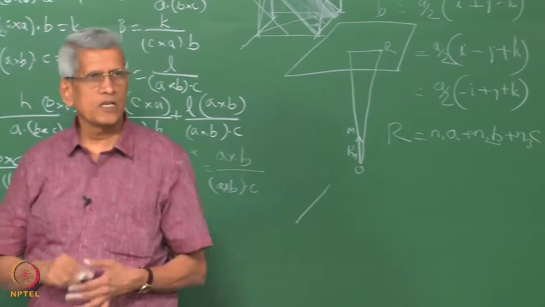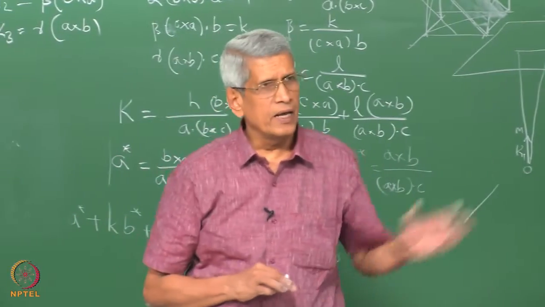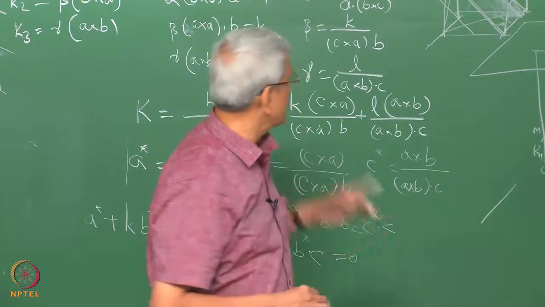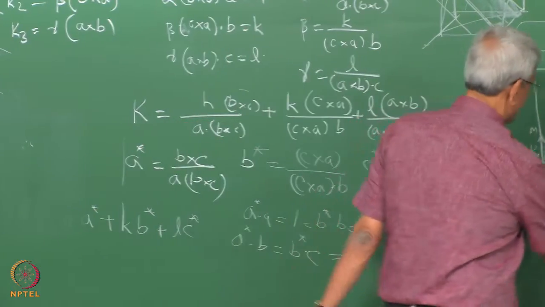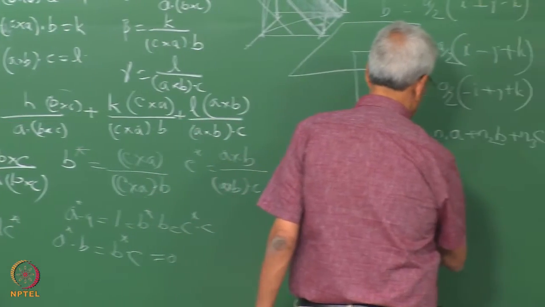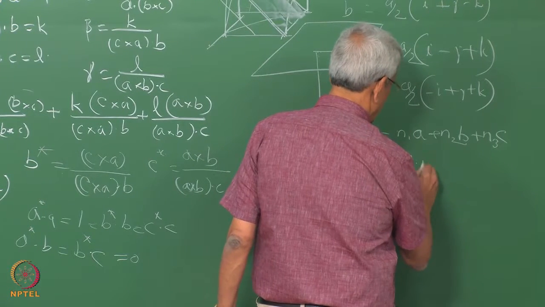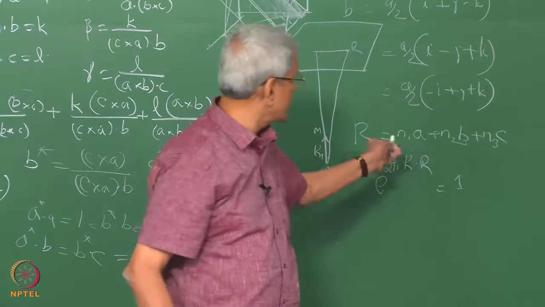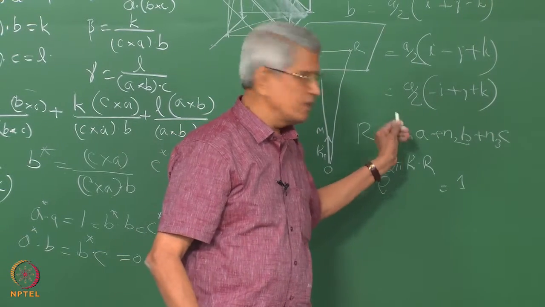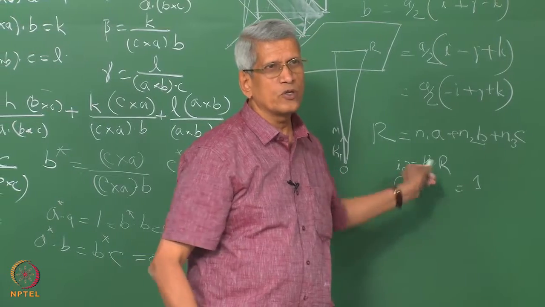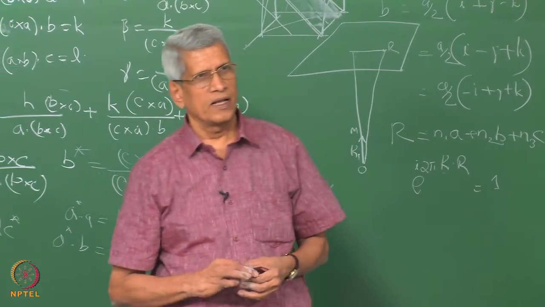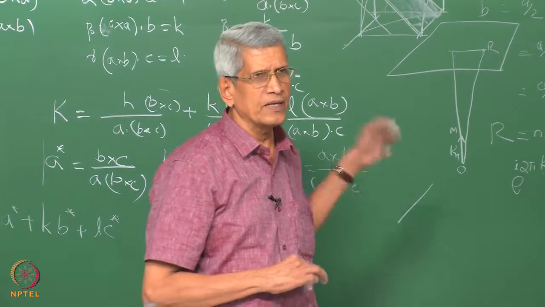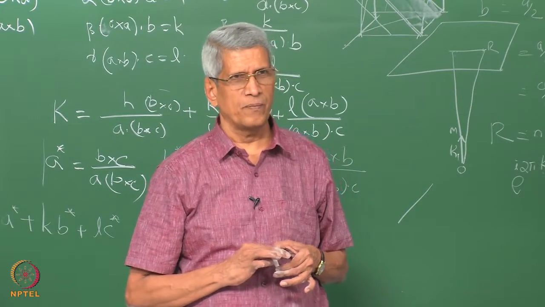The other form in which it can be represented is as a periodic function, in the form of exponential of i k dot r equal to 1, where r represents the real lattice vector. Then we try to find out what the values of k should be. What is the relationship between the real lattice vector and the reciprocal lattice vector?